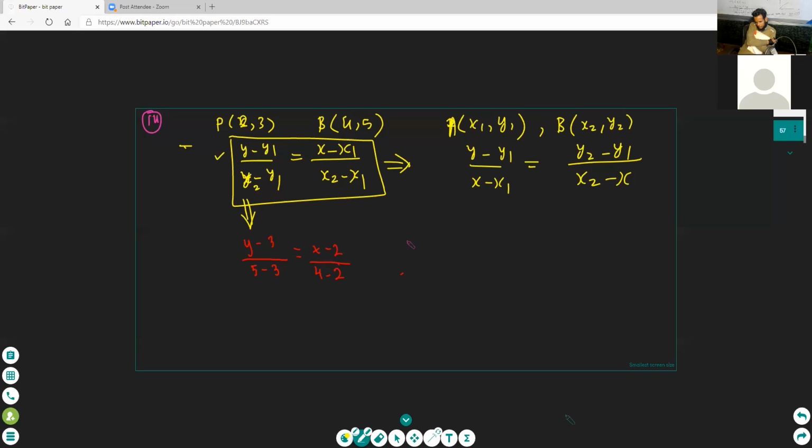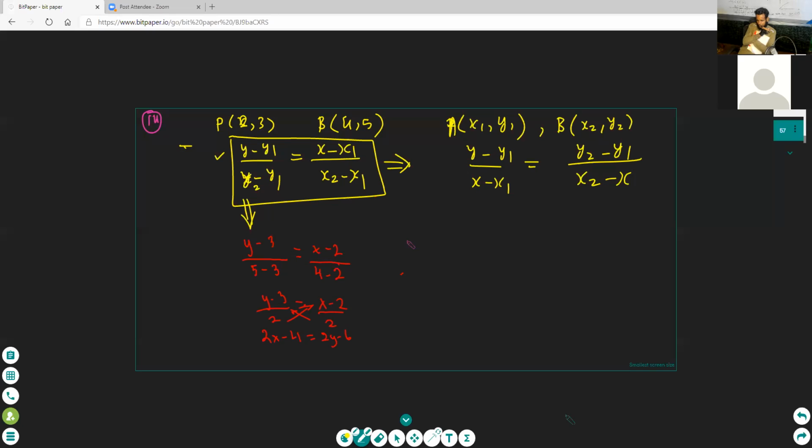So it's going to be y minus 3 over 2 equals x minus 2 over 2. So we can do cross multiplication. And then it will be 2x minus 4 equals 2y minus 6.